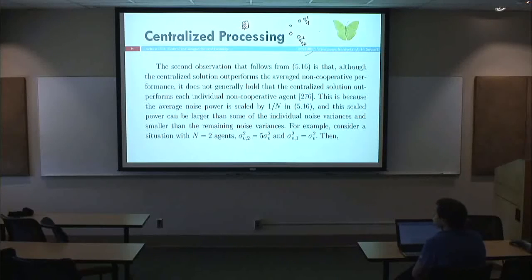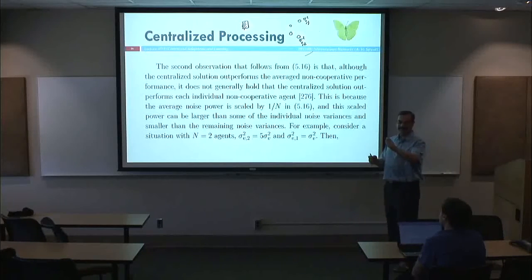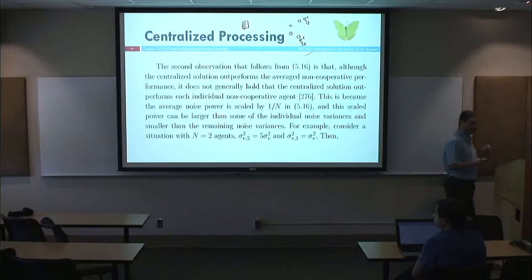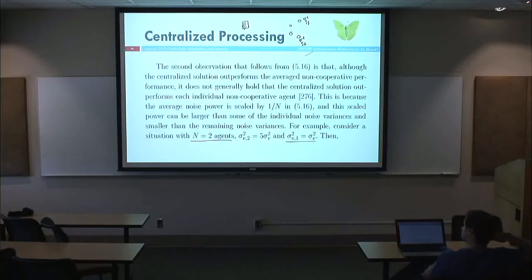But will the centralized solution be better than every individual non-cooperative solution? And the answer is no, not necessarily. Why? Let's take a simple example. Let's assume I only have 2 agents. One agent has noise power sigma v squared. The other agent has much worse noise power, 5 sigma v squared.